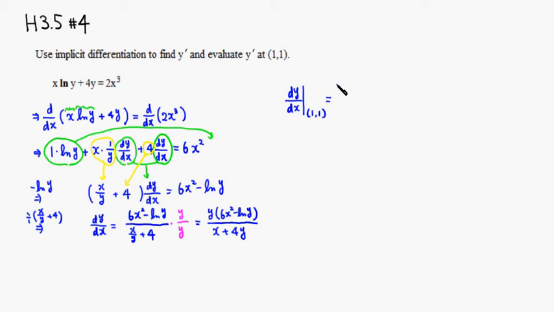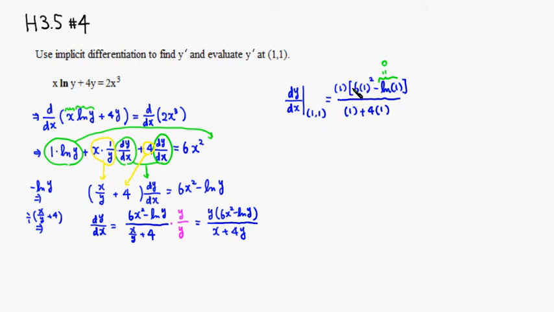So y, which is 1, times 6 times x, which is 1, squared, minus natural log of 1, divided by 1 plus 4 times y, which is 1. Natural log of 1 is 0.